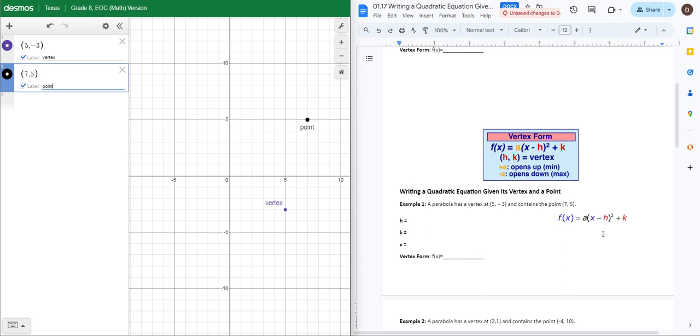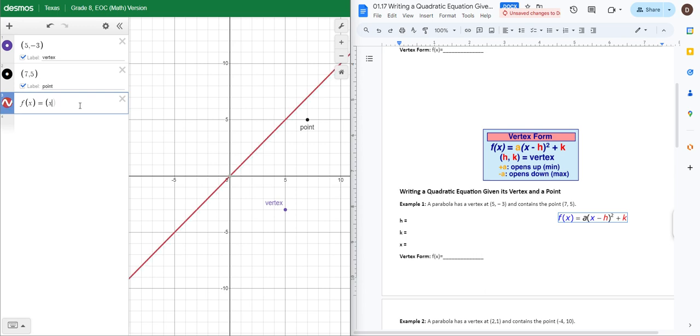Now I'm going to begin filling out this formula right here. The only problem is I don't know what my value of a is yet, so for the time being, I'm going to leave it out of the equation. F of x is equal to x, that is always going to stay there, minus h, and h is 5, because 5 is the x value in my vertex.